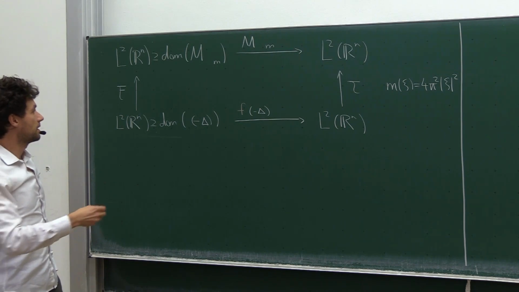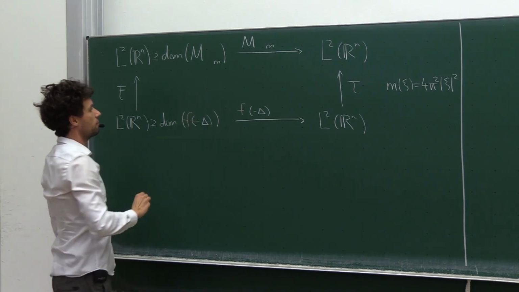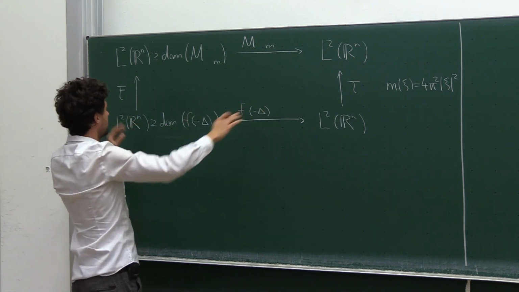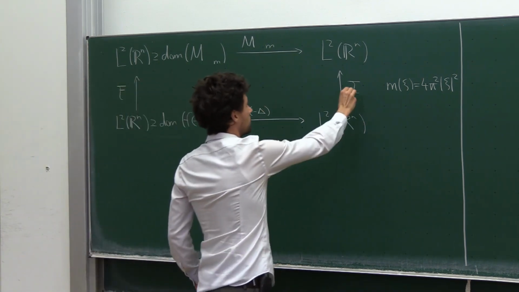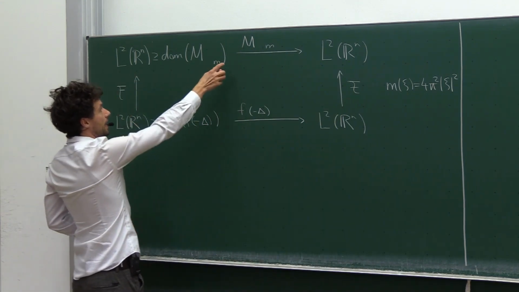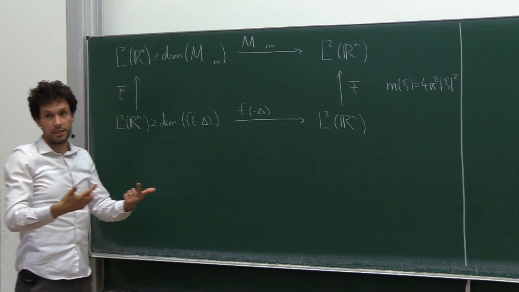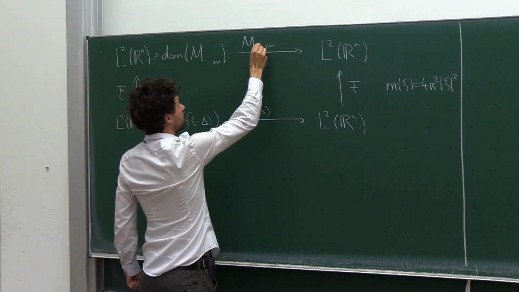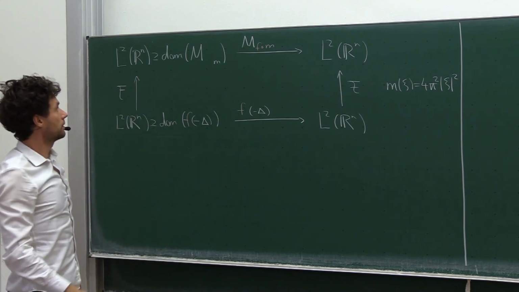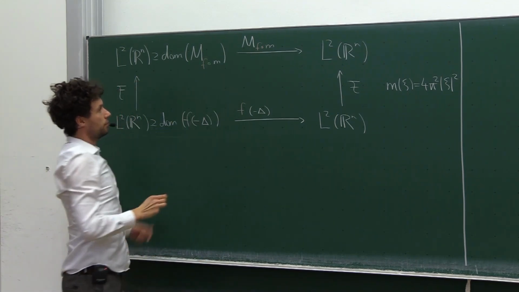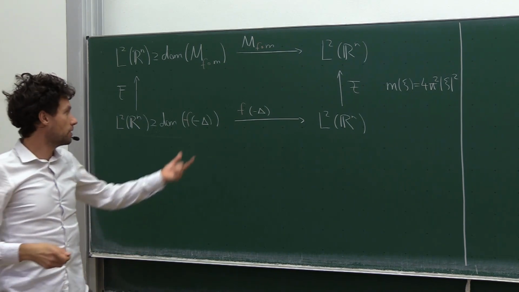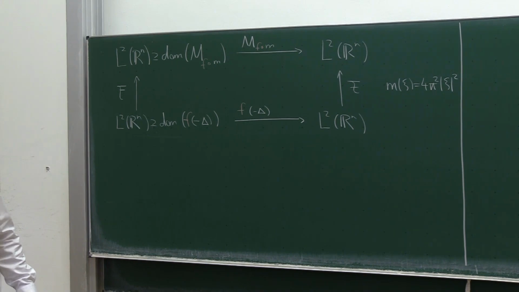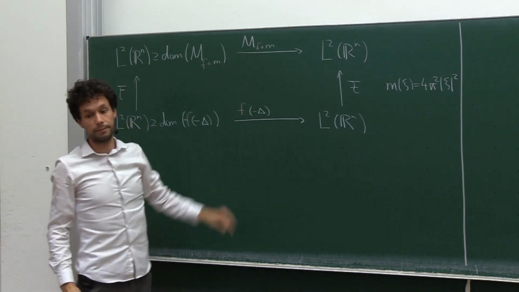The idea was that this operator f of minus delta would be defined by taking this diagram and letting f act on m, because if you have a multiplication operator, then f of that multiplication operator should be the multiplication operator associated with the composition. So it's the operator that through the Fourier transform becomes equivalent to this multiplication operator.